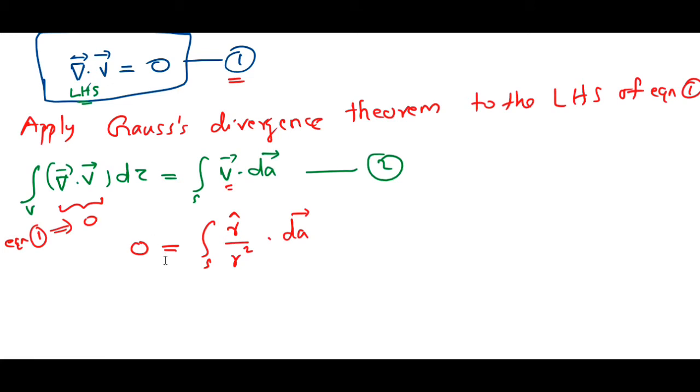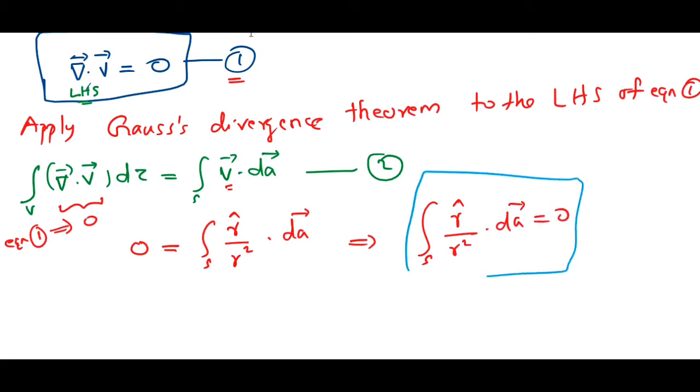Or I can write this as the surface integral of r cap by r square dot dA is equal to 0. This is equation 3.